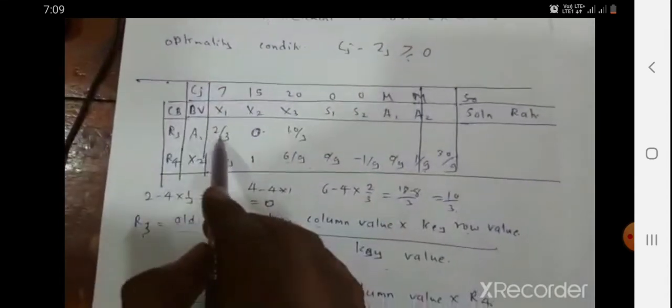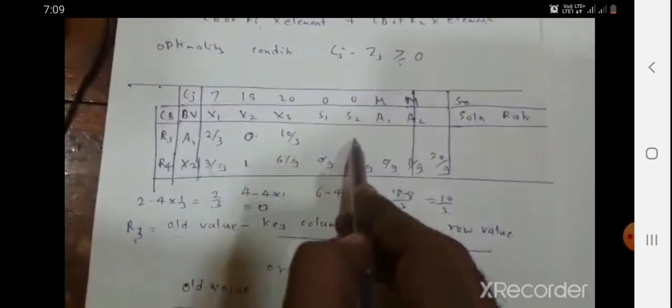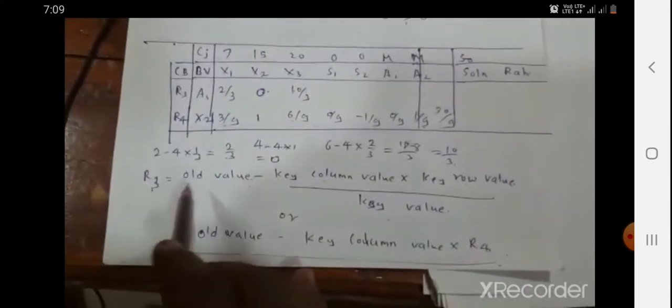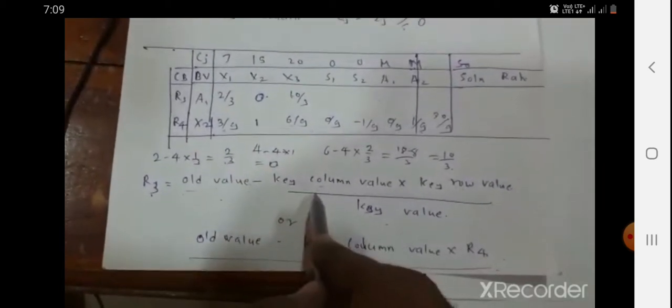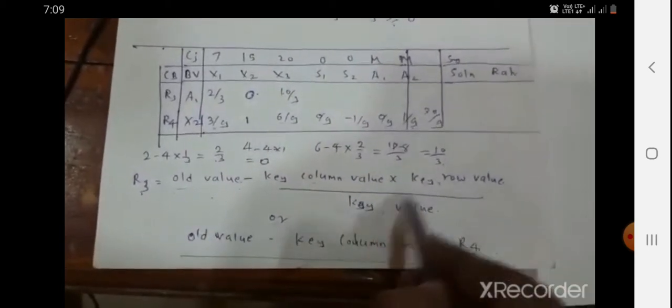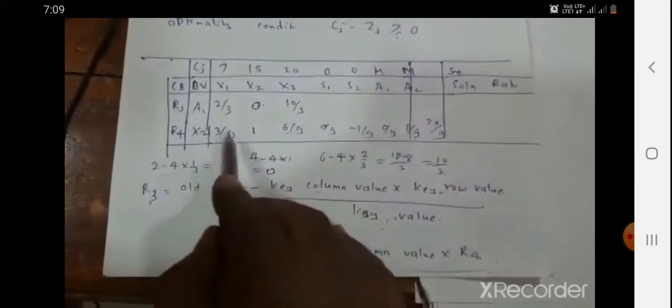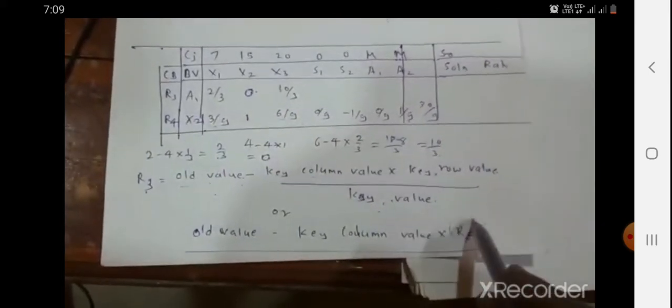Now using this method we will find the R3 values. R3 equals old value minus key column value into key row value divided by key value. Let us see an example to get this column.